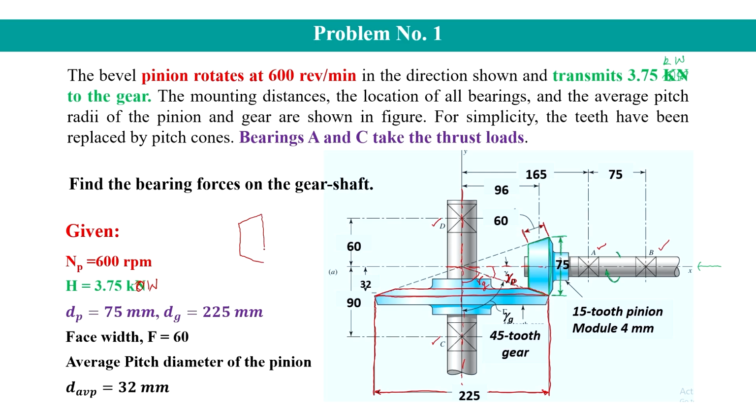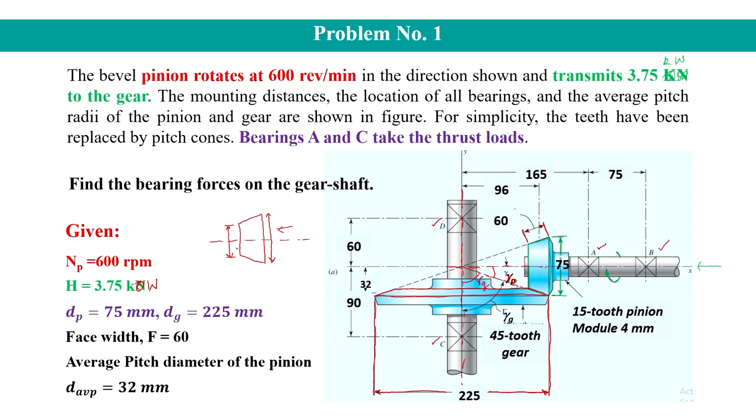and so the pitch cone diameter will vary when we will move from this end to this end in this way. Here the diameter is this one at the big end, and the small end diameter is this one.